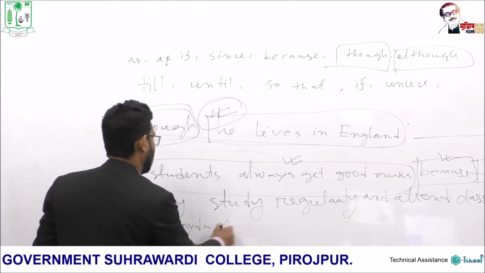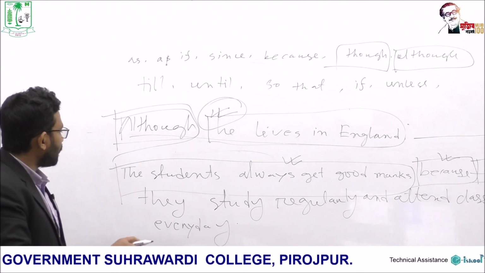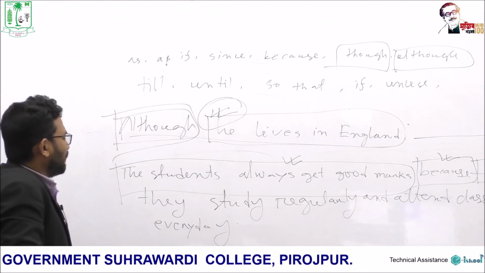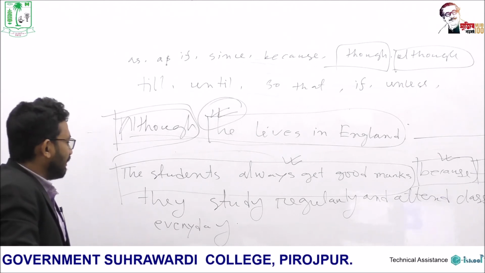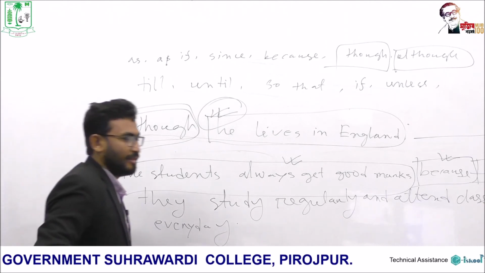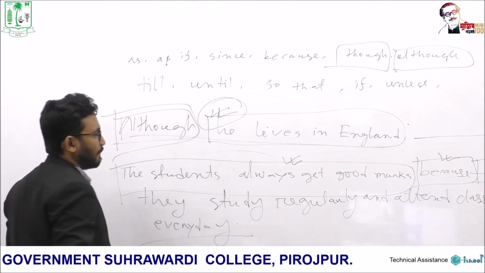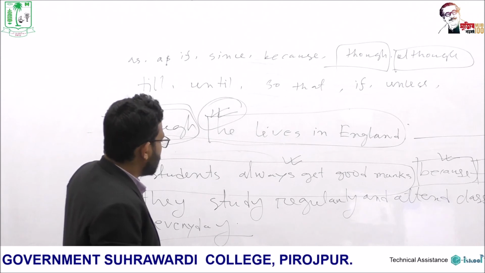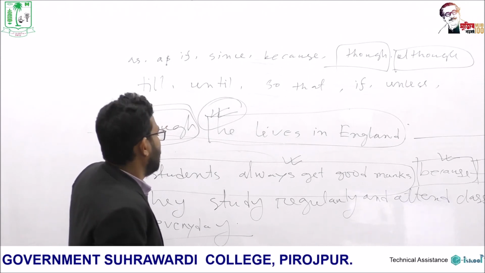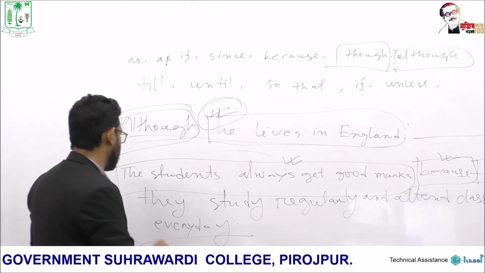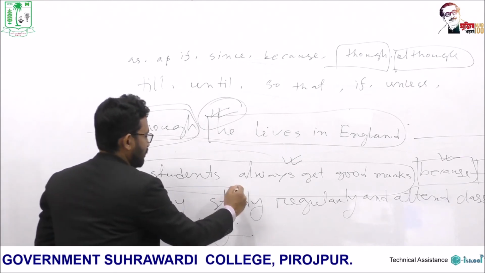For example, I have written: the students always get good marks because they study regularly and attend classes every day. So this clause, because they study regularly and attend classes, is a subordinate clause.